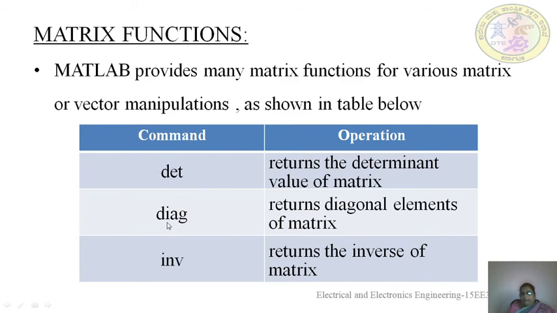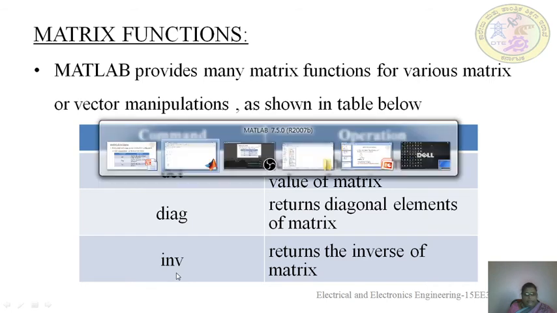Then if you type DIAG and give the name of the matrix, it will give you the diagonal elements of the matrix. And INV will give the inverse of the matrix. With just one single command you can calculate the inverse of the matrix very easily. Otherwise you find the cofactor, adjoint, and then get the inverse of the matrix. But here it is so easy. Just give this command at the command prompt and you are going to get the inverse of the matrix. So now we will see these three functions.